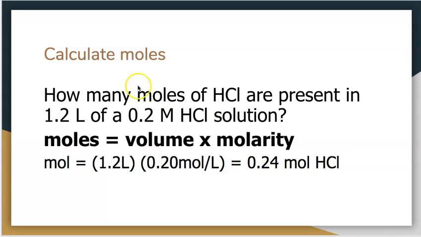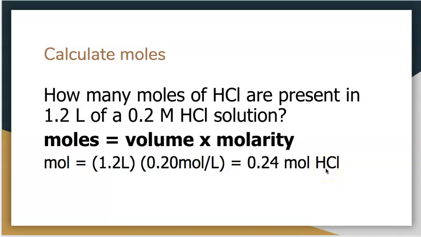Let's try another one. How many moles of HCl are present in 1.2 liters of a 0.2 molar solution? Fundamentally, this is the same problem again. Moles equals volume times molarity, concentration. So 1.2 liters times 0.20 moles per liter is 0.24 moles of HCl.